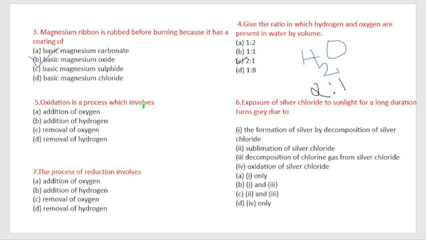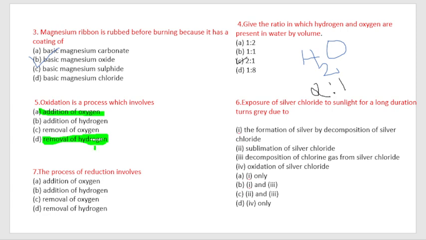Oxidation is a process which involves... it's a direct question. Oxidation means addition of oxygen. Then addition of hydrogen is reduction. Removal of oxygen is also called reduction. Removal of hydrogen is also called oxidation. So 2 answers are here, children.